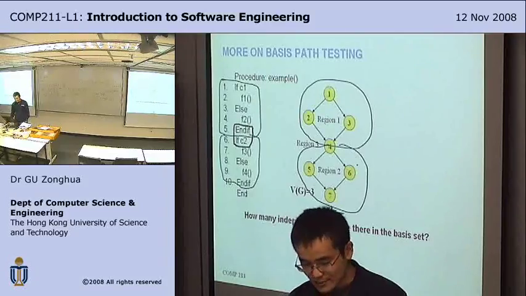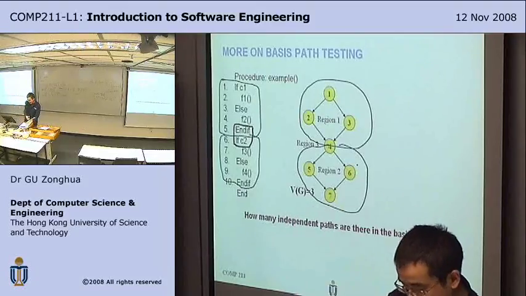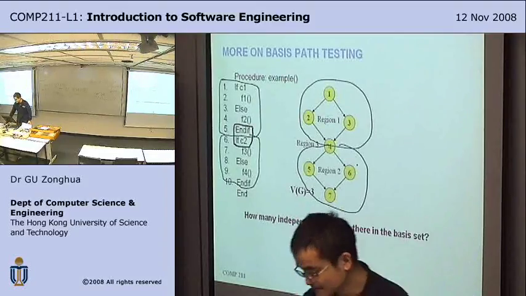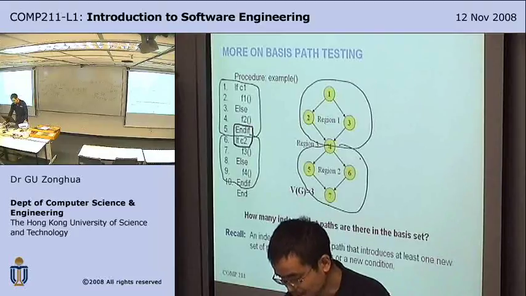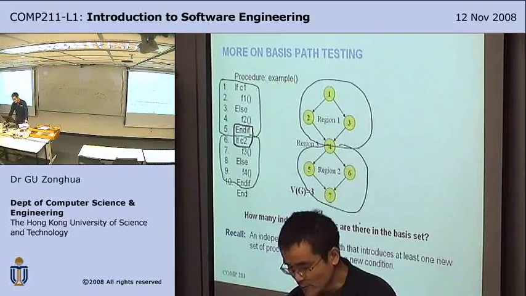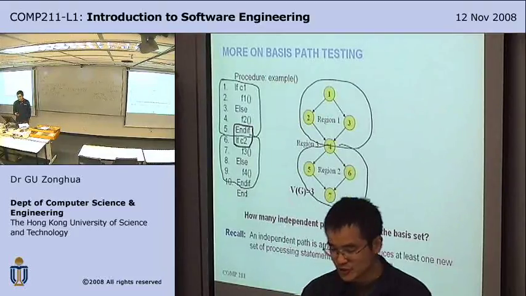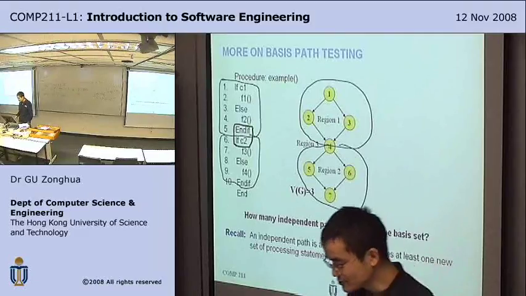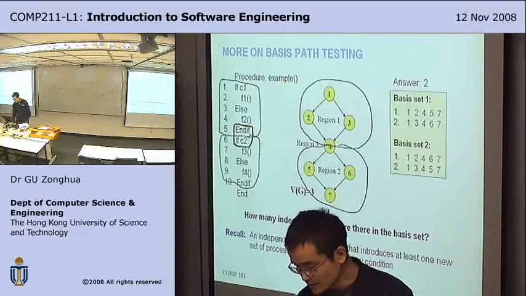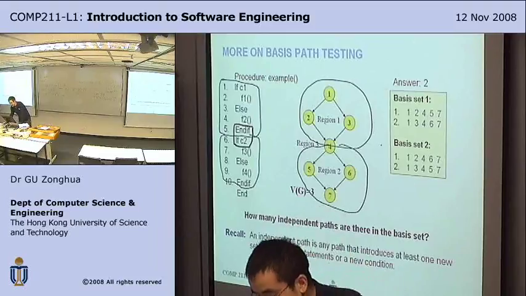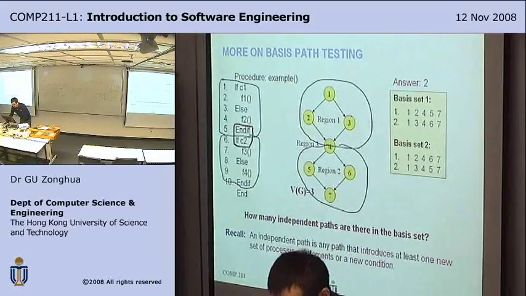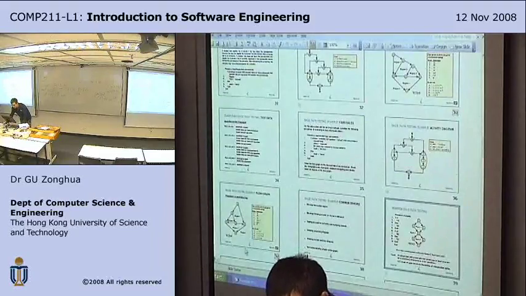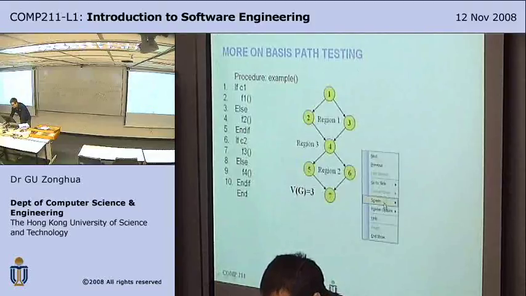How many independent paths are there in the basis set? An independent path is any path that introduces at least one new set of processing statements or a new condition. So in this case, it has 2.